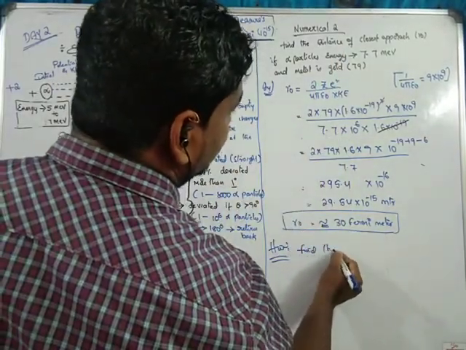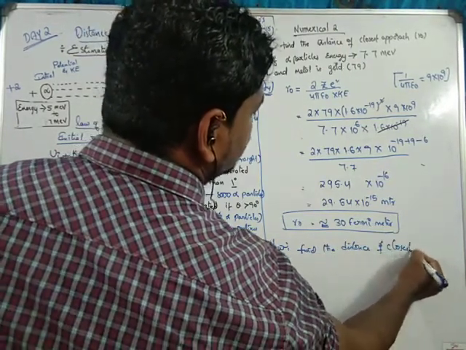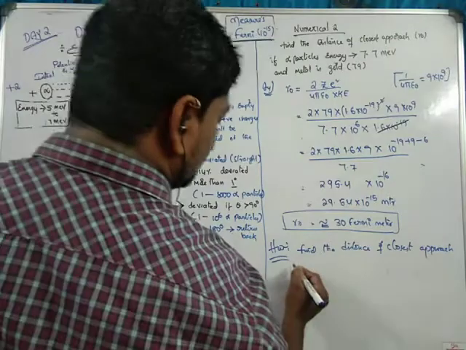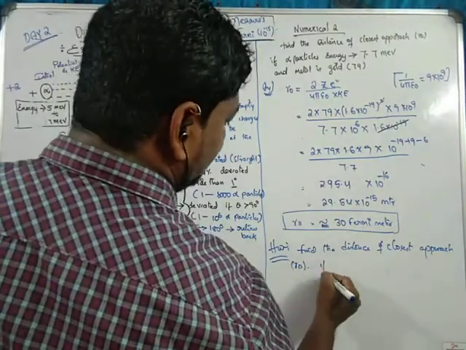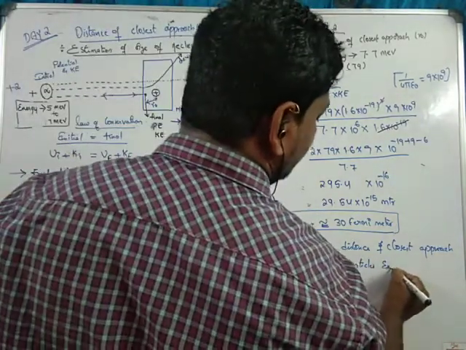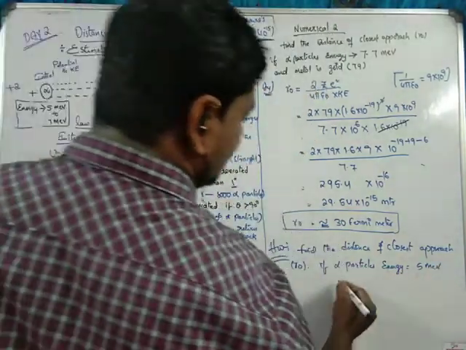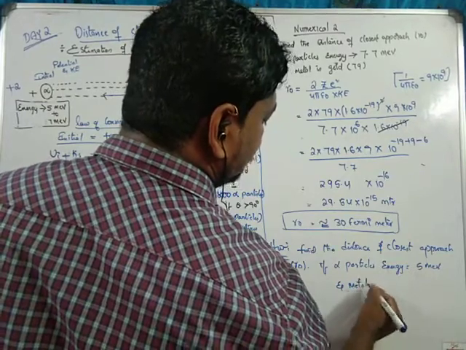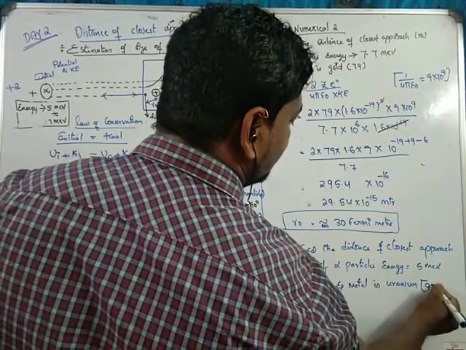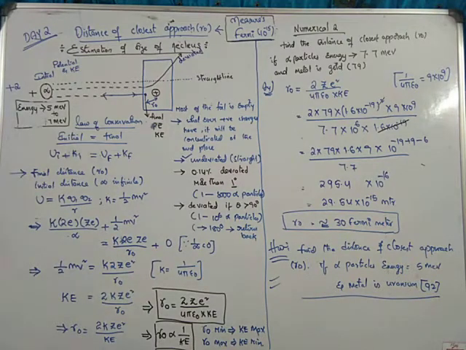Find the distance of closest approach R naught if alpha particles having energy of 5 mega electron volt and the given metal is uranium whose atomic number is 92. So this will be a homework. Try this question.